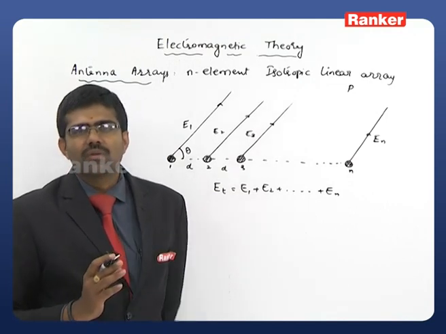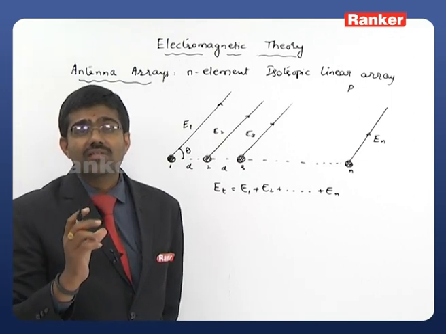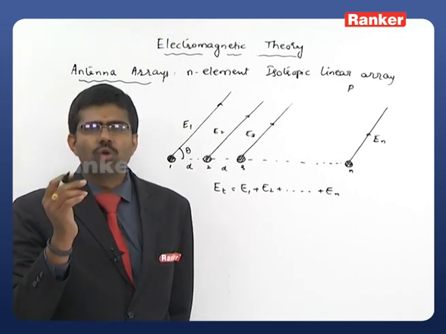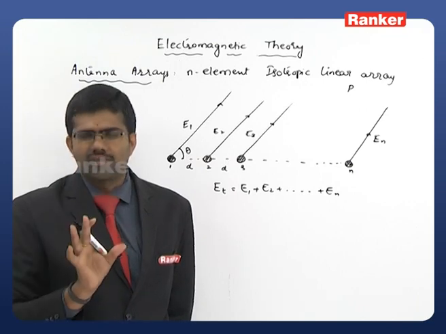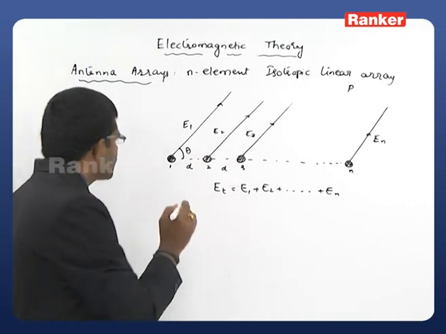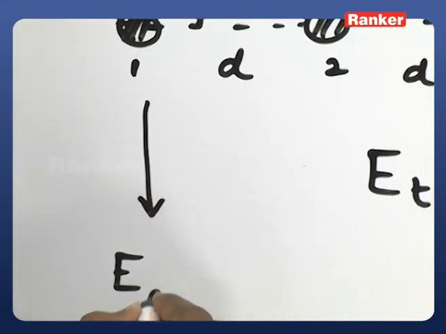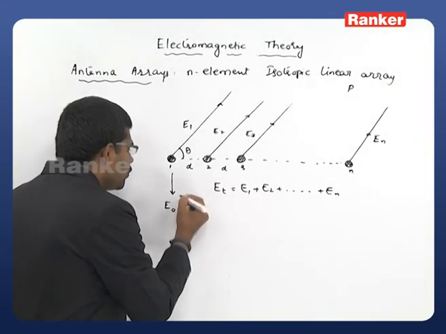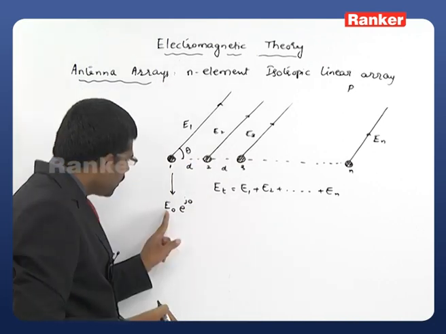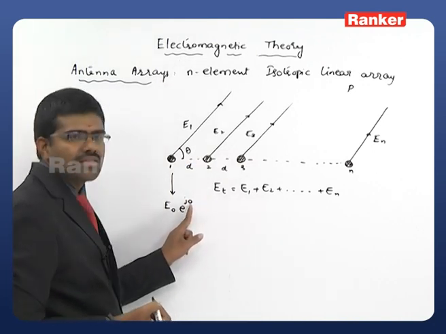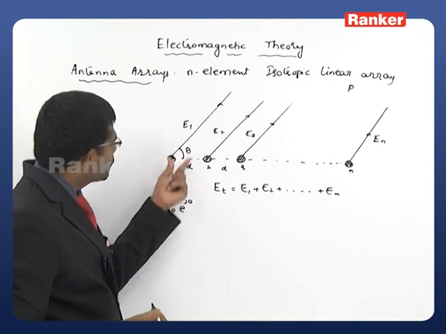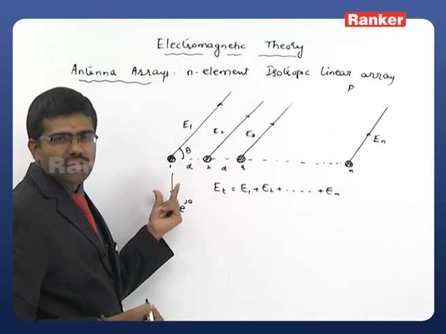Now for that, I will imagine that the electric field intensity of the first one has 0 phase. I will consider that one as the reference, right? So let us take the first one to have the electric field intensity E0 with 0 phase, that is E0 e^(j0). This j0 corresponds to the phase of this particular electric field intensity.